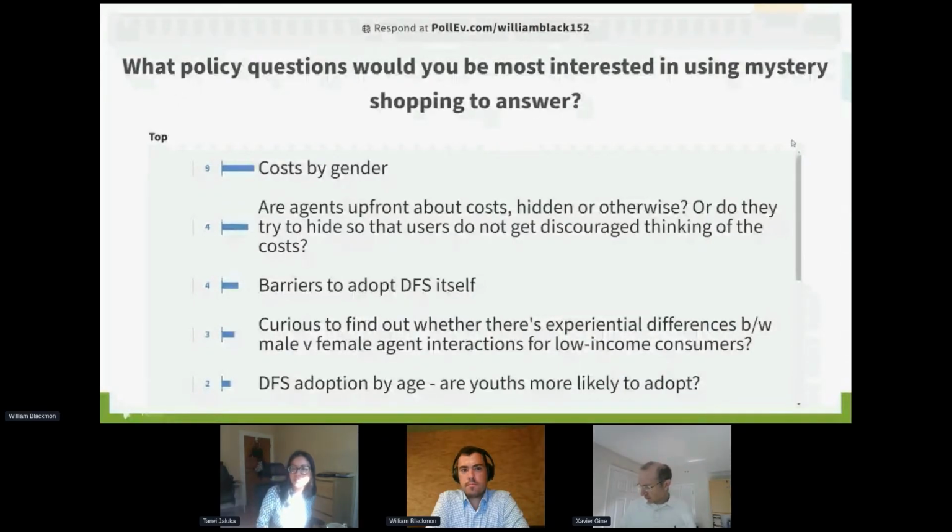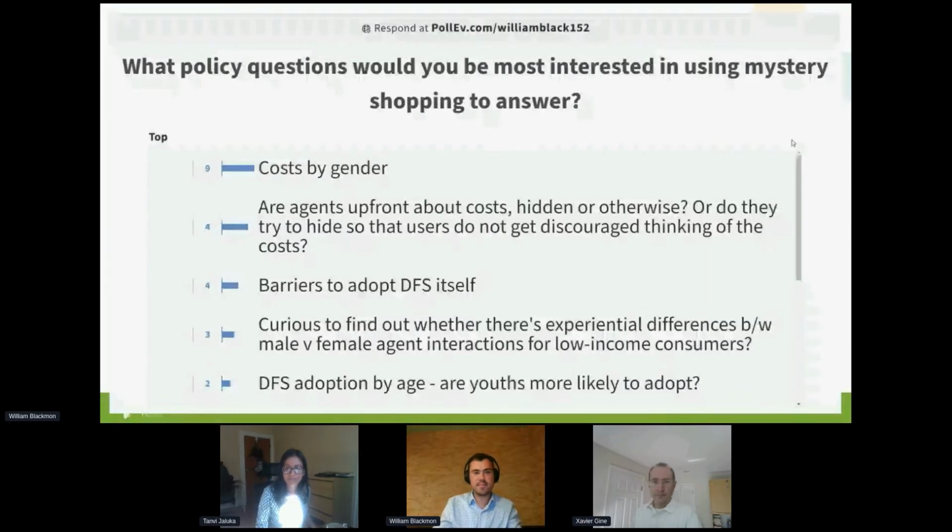Okay, maybe we're having a little bit of difficulties with the interactive component of this. So if folks have thoughts that they want to drop in the chat, please drop them in and we'll read them out loud. But Willie, maybe you can comment a little bit about how you're thinking about considering gender and age and those other questions in your design.